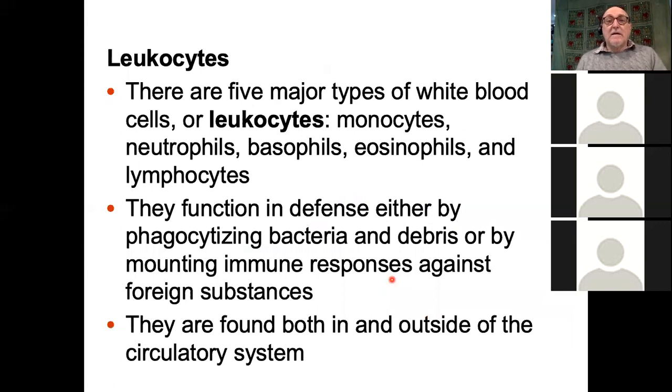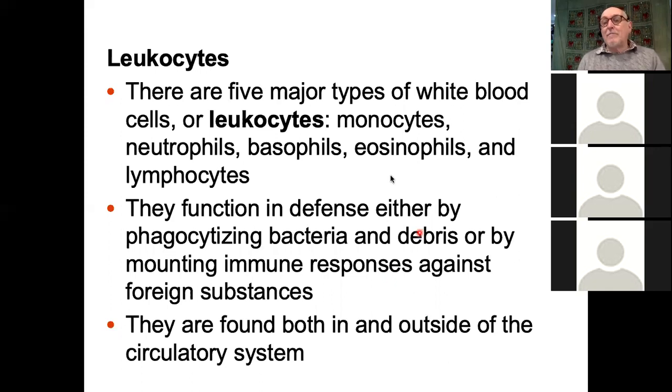So the leukocytes that we mentioned, the white blood cells, I won't go into this in any great detail at the moment, because we're going to cover it in more detail once we get to the immune system.